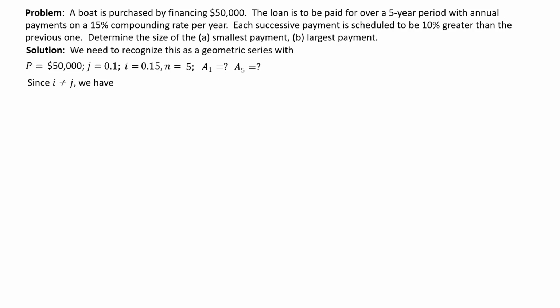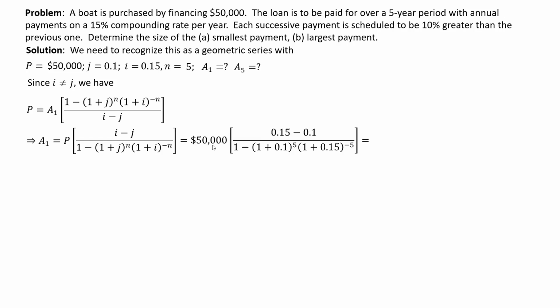Again, i is not equal to j. So we find the present value of this, right? The boat is purchased by financing 50,000. It is that 50,000 that we need to pay up. So P is 50,000. And we got this.